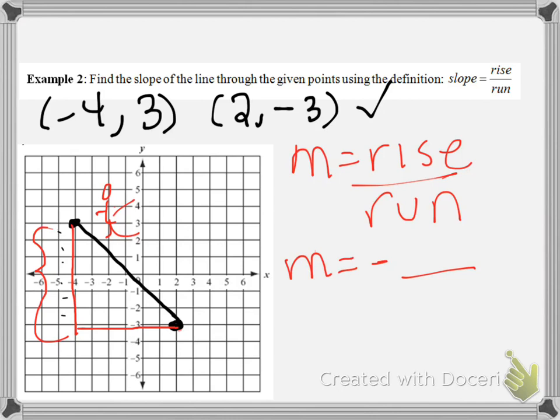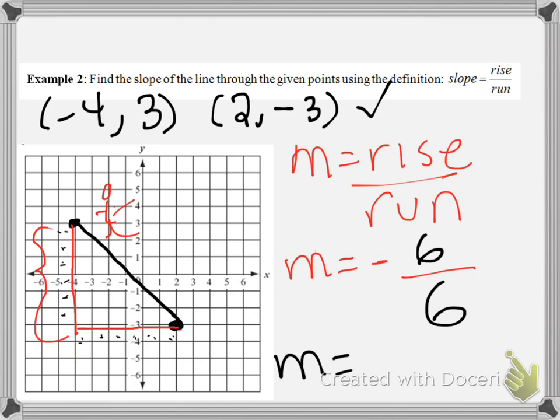So our numerator is going to be 6. How many times do we go across? 1, 2, 3, 4, 5, 6. 6 again. I like to go back and check it one more time. Go across. 1, 2, 3, 4, 5, 6. Yep, 6 over 6. So your M is going to be what?